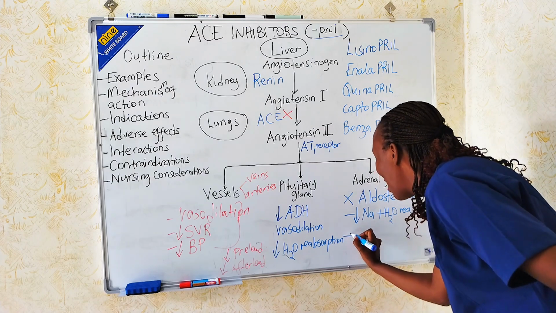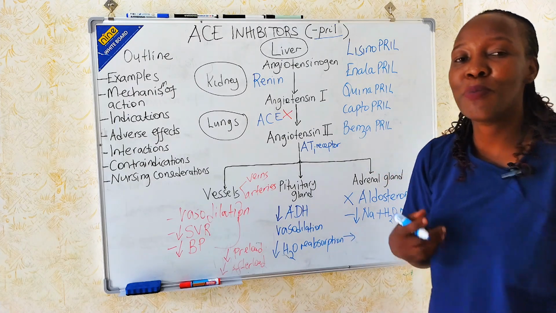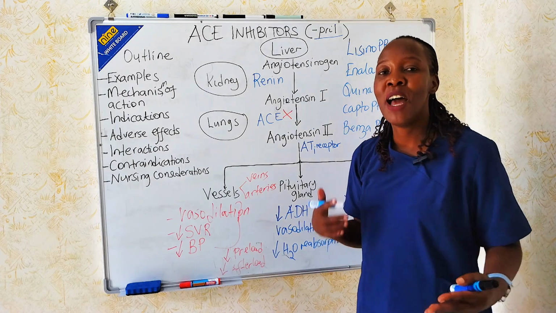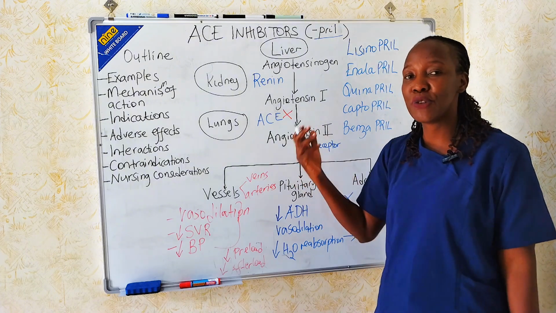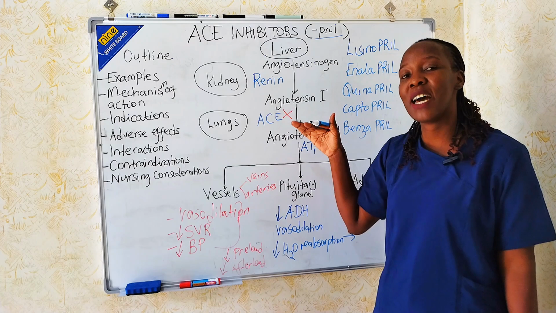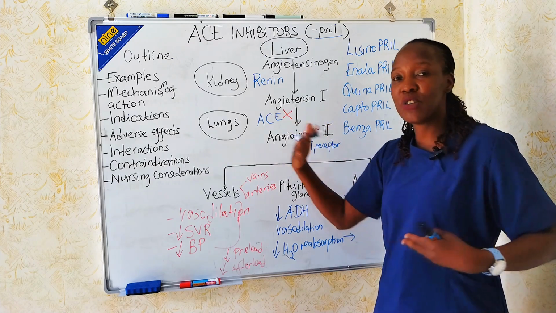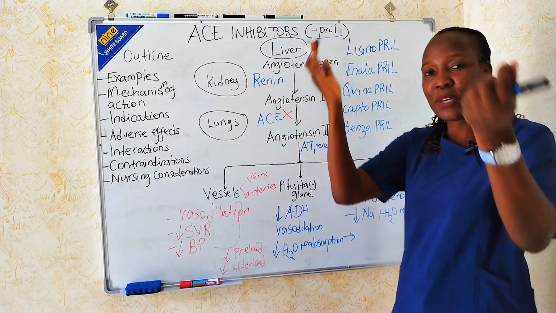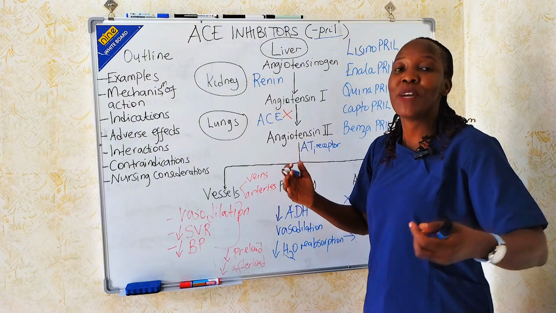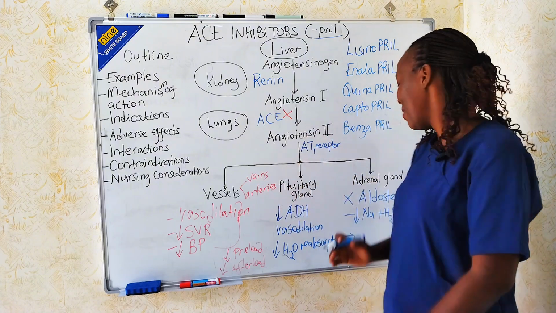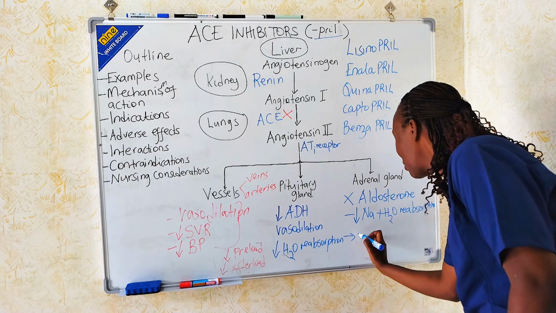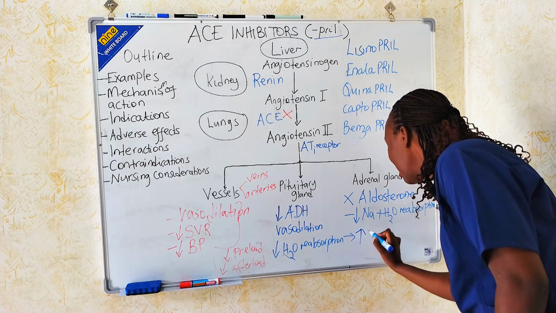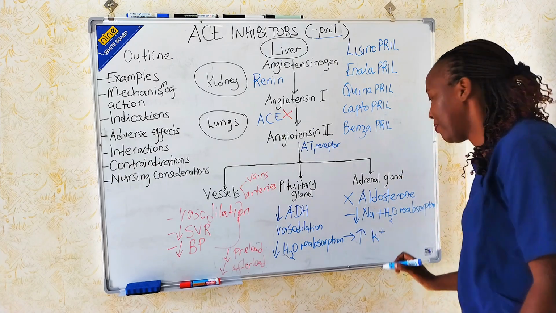We also are going to retain potassium. Remember, aldosterone leads to reabsorption of sodium and water from the DCT and the collecting ducts and loss of potassium. But now, because we are blocking it, we are going to retain potassium and lose sodium and water. So we are going to have an increase in K.